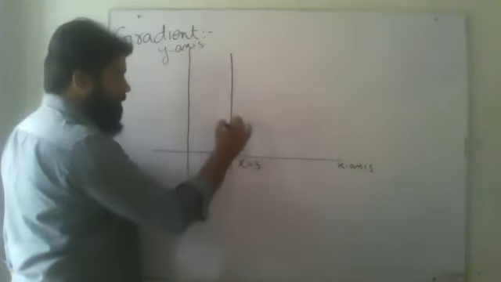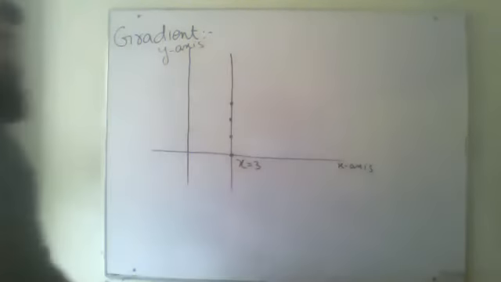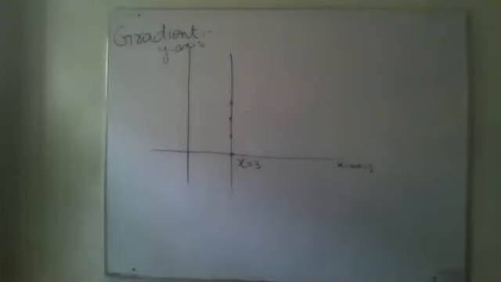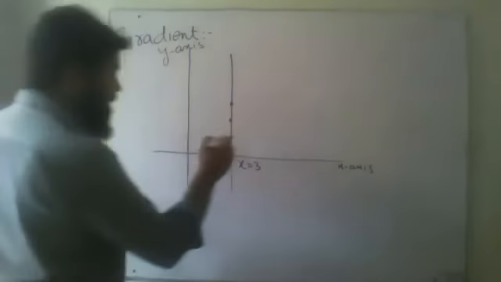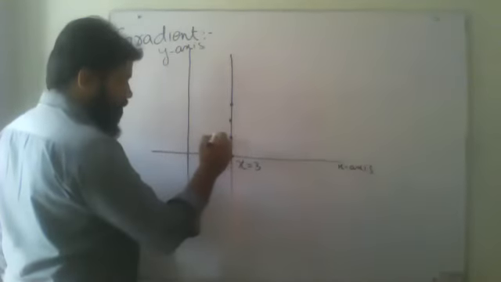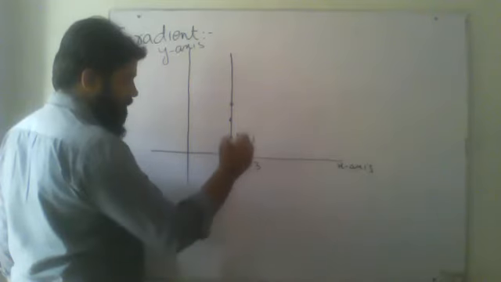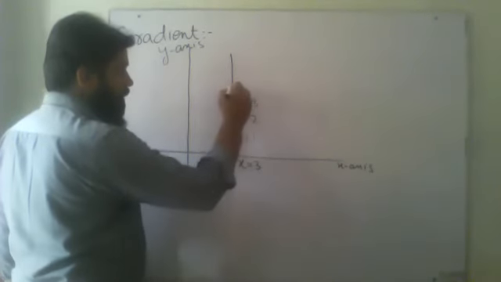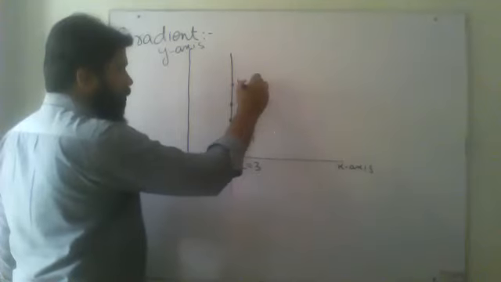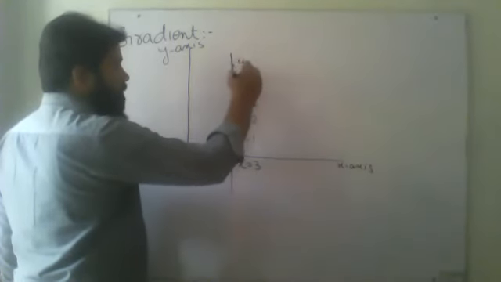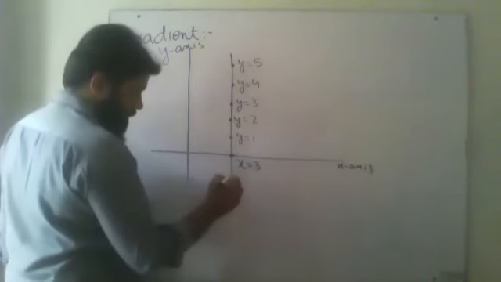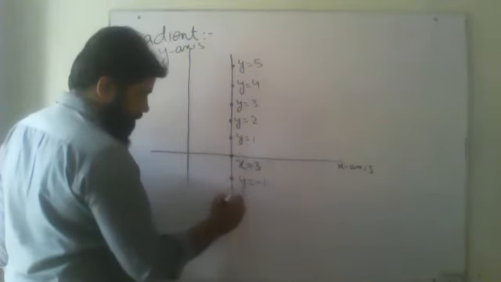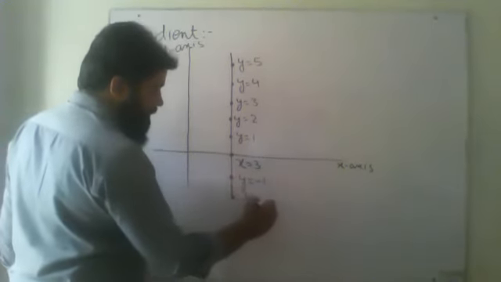When I will move up, what will happen? The value of y will increase. Maybe it will become y equals to 1, y equals to 2, y equals to 3, y equals to 4, y equals to 5. And over here it will be y equals to -1, y equals to -2.